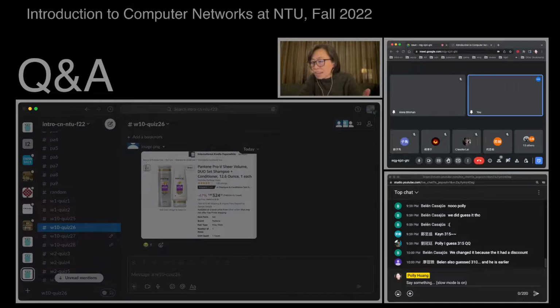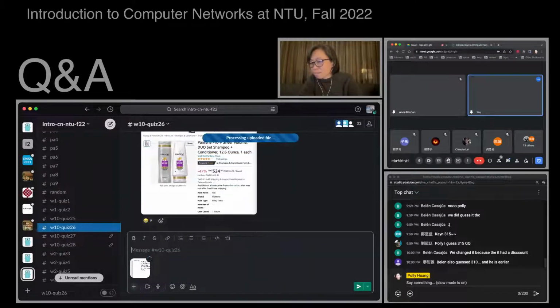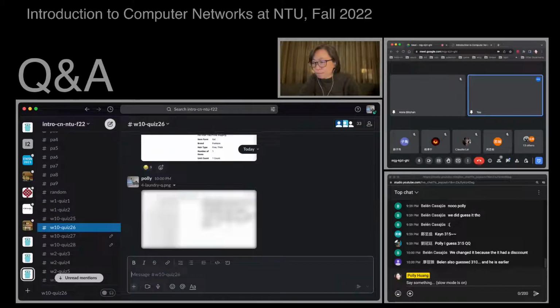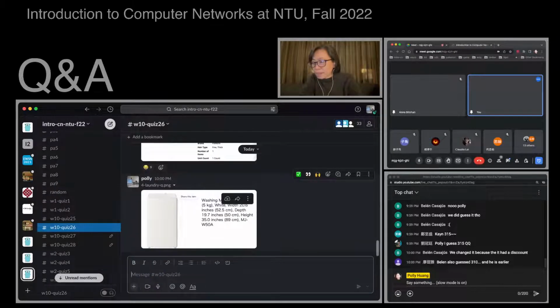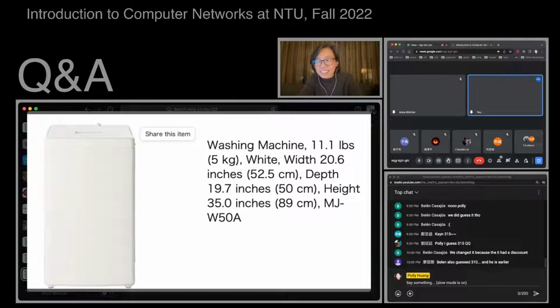Now here's the item for stage 2. And I want to make sure that I'm not uploading the solution. Now, this is the item.